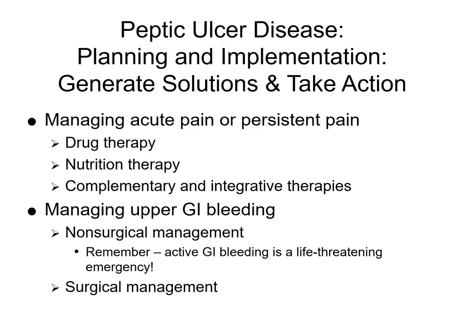Action alerts on page 1104. You're going to teach the patient who has peptic ulcer disease to seek immediate medical attention if they have any sharp, sudden, persistent, and severe epigastric or abdominal pain, if they have any blood or black stools, or if they have any bloody vomit.